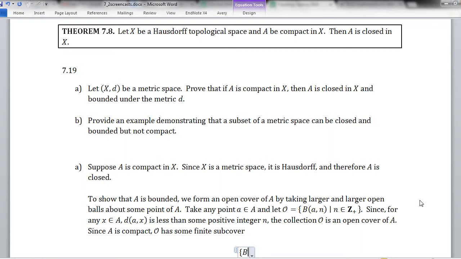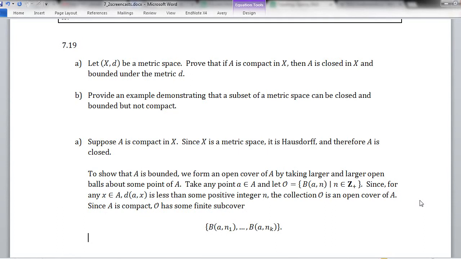So just pick finitely many integers. We'll do n sub 1 all the way up to n sub k, whatever k is. Okay. So we've got this finite subcover.